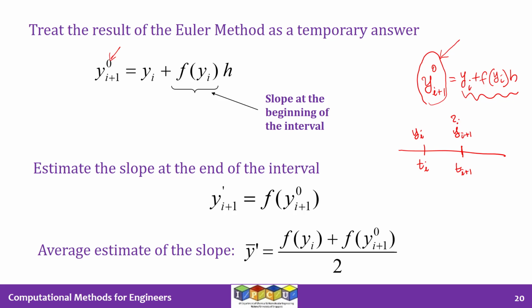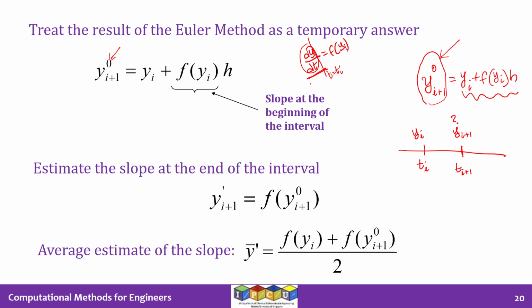So we are trying to find this out. f(y_i) is the slope at the beginning of the interval. Why? Because dy/dt is equal to f(y). dy/dt is nothing but the slope of the function with respect to t, because the first derivative is the slope. Therefore, if you evaluate f at y_i, we are finding out the slope at t equal to t_i. So this interpretation that f(y_i) is the slope at the beginning of the interval makes sense.